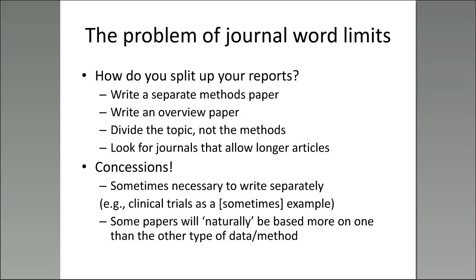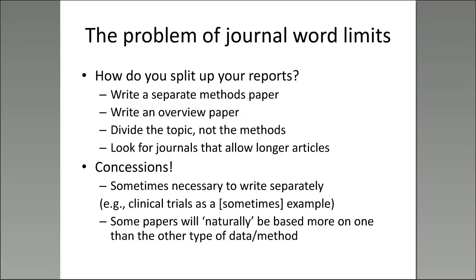Another thing that you can do is write an overview of the study, which is a bit similar. So you're giving a sense of the whole study, and then dividing up the topic. And what I'm suggesting is that you divide the topic, not the method. So you don't write the qual paper and the quant paper. You think about what your topic is.